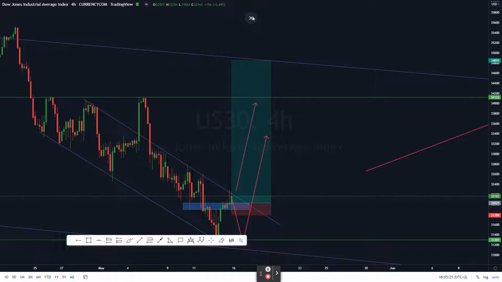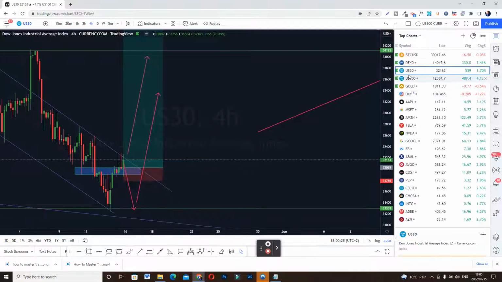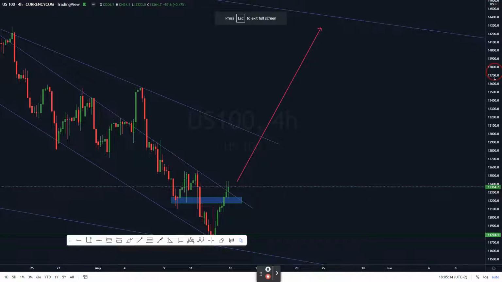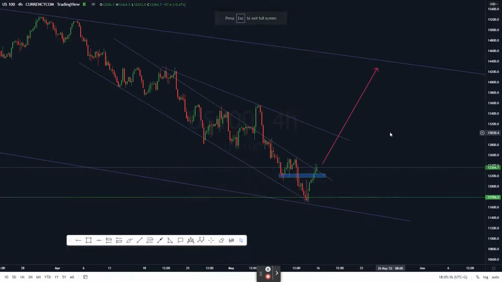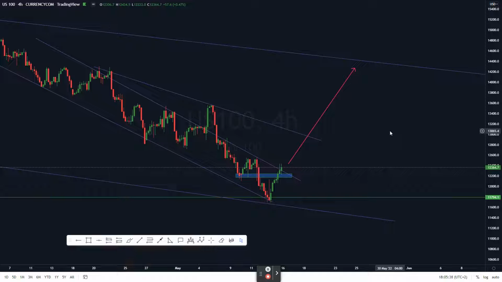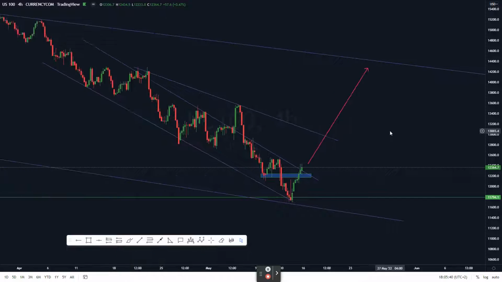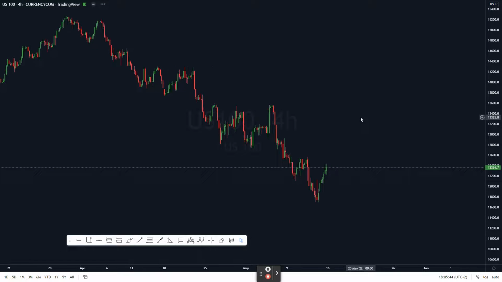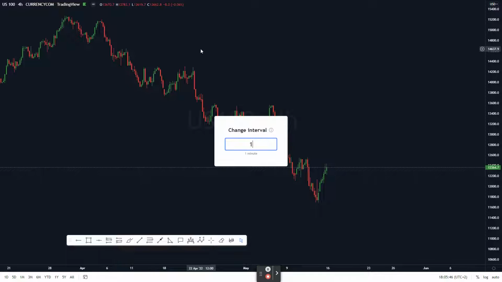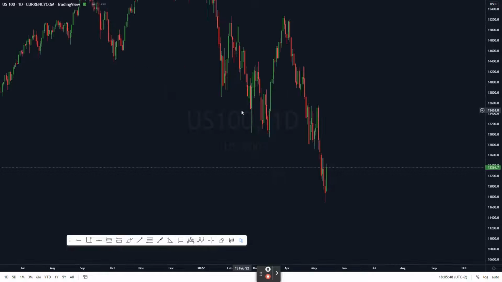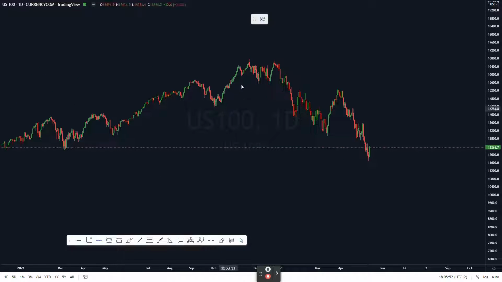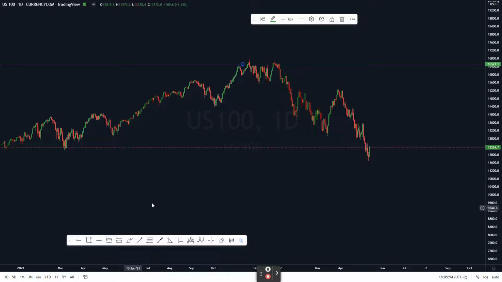All right, let's go to the next one, which is the US 100, and maximize. All right, US 100 is actually sitting in the same place. So we'll just remove drawings and go to a daily time frame. And again, so simple.